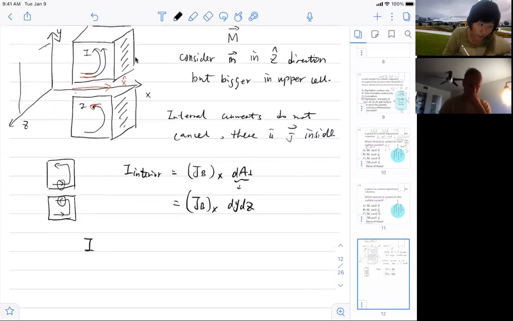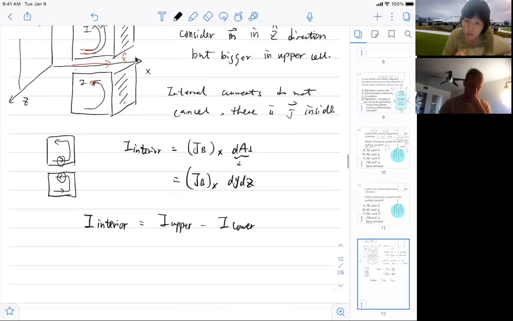Now I can write my interior current in a different way. We can also write I interior by saying we have an interior current because the upper one is not entirely canceled out by the lower one. So it's going to be I upper minus I lower. So what is I upper? Remember, we wanted to relate this to magnetization.